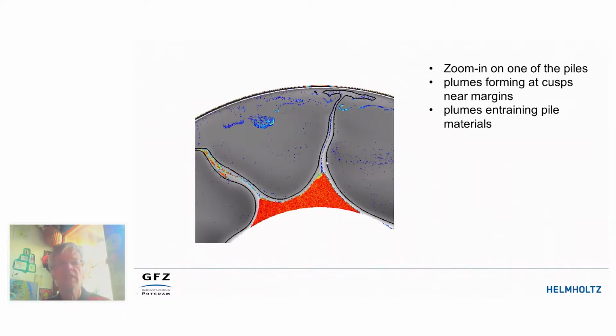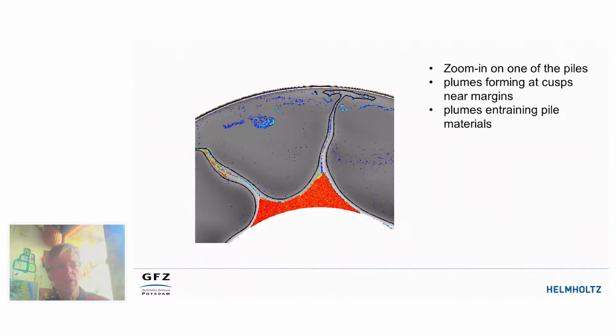Now here is a more detailed view of one of those piles in the models. You see there are plumes forming at these cusps near the edges of those piles, and there is again material being entrained in the plumes. So there seems to be material being added by the slabs and then material being taken away by the plumes again.